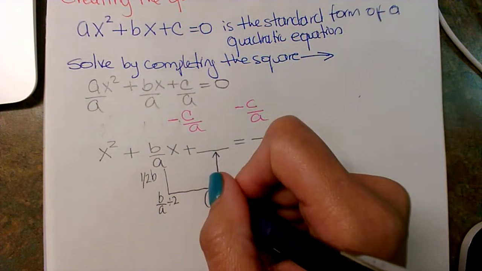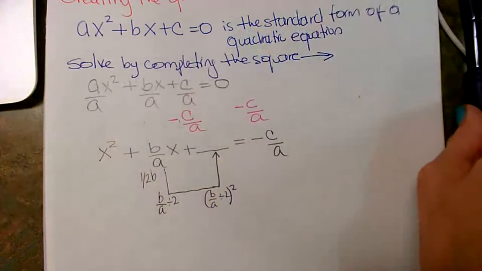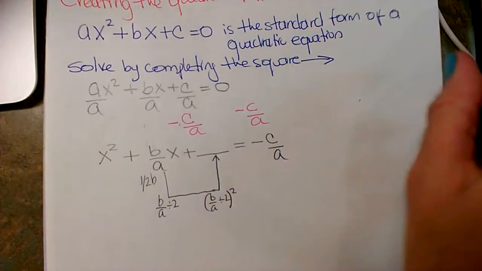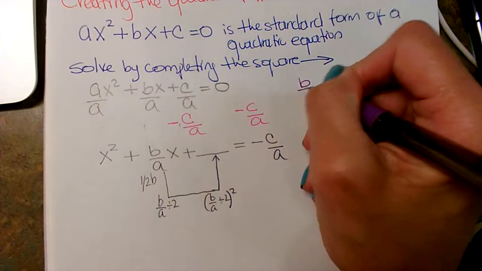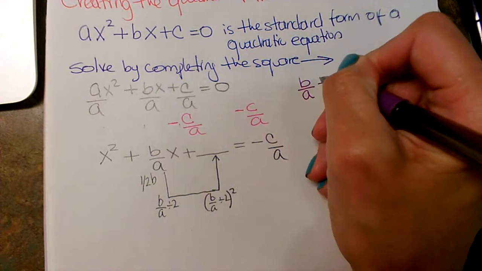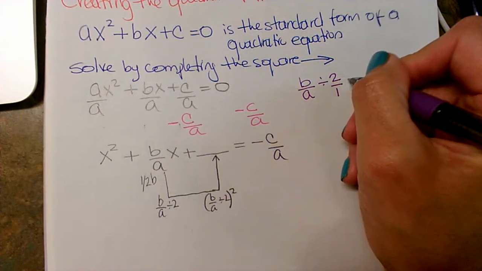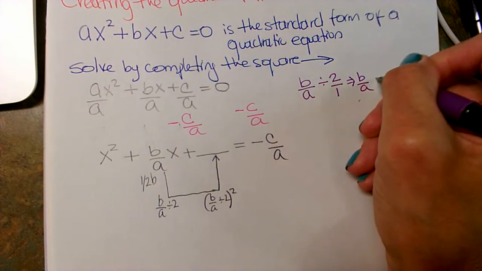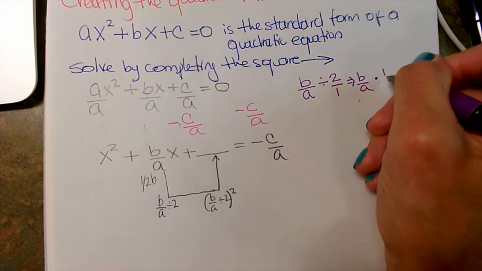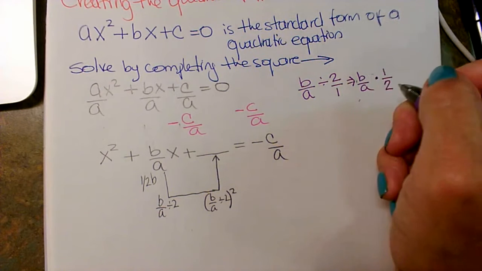Let's do this. Let's do it on the side. So we have b over a divided by 2. What is this equal to? Division becomes multiplication and I flip the number, reciprocate.